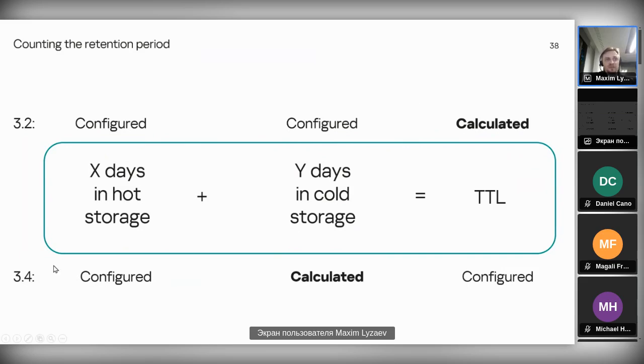But now in the 3.4 release, we configure the number of days for hot storage and the TTL number, and the period of retention in the cold storage is calculated dynamically.